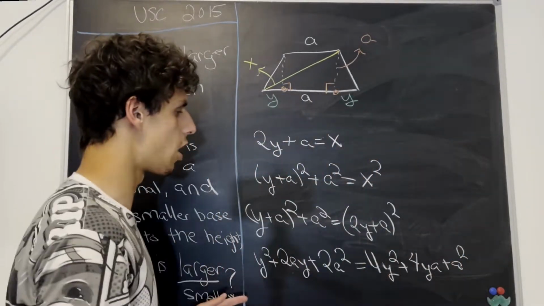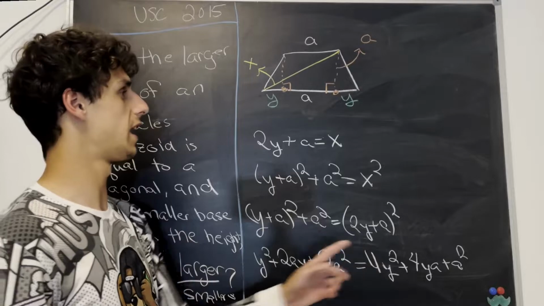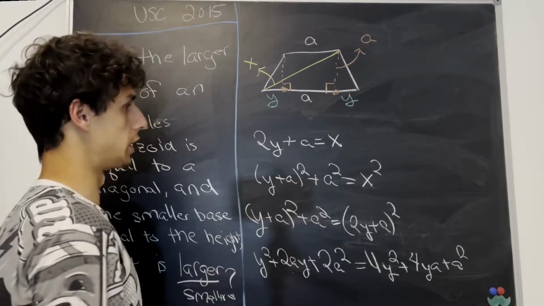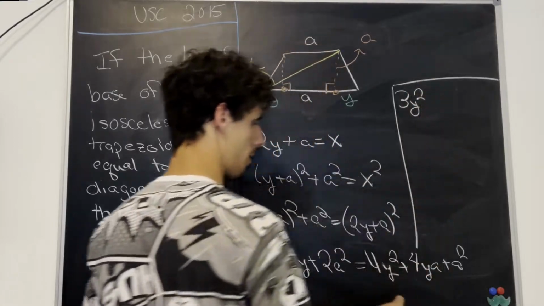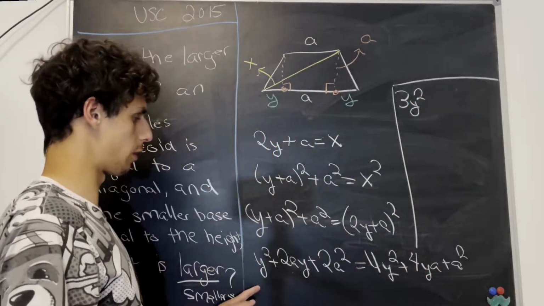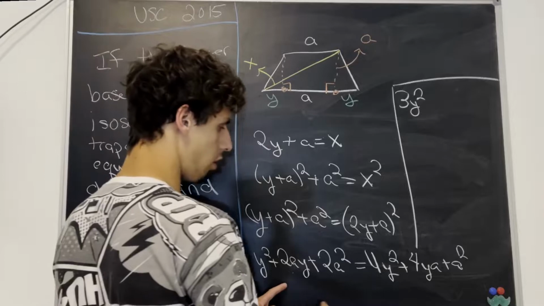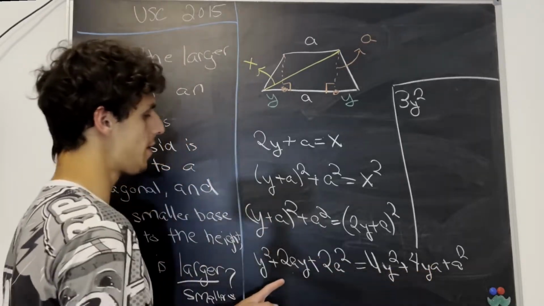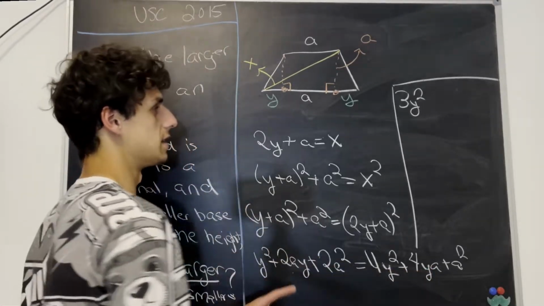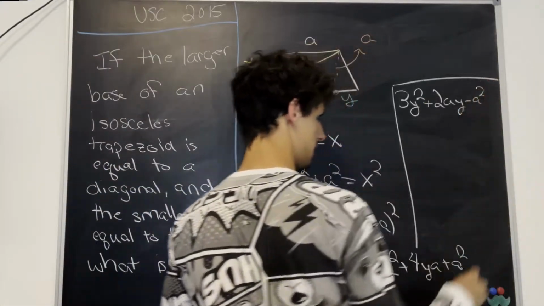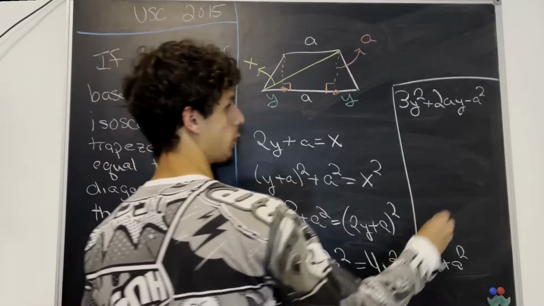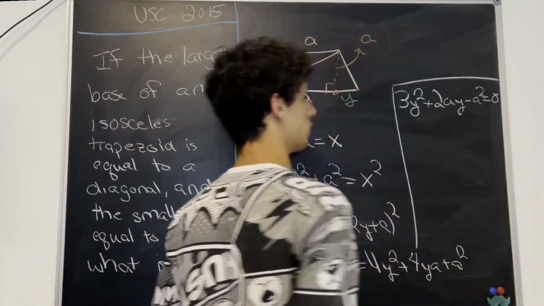Now let's collect all of our terms on the right-hand side and leave a 0 on the left-hand side. So we'll have 3y squared, from this 4y squared minus this y squared, plus 2ay, from this 4ay minus this 2ay, minus a squared, from this a squared minus 2a squared, and that's all equal to 0.